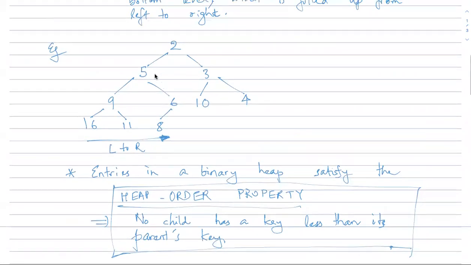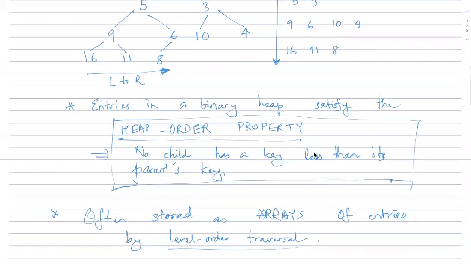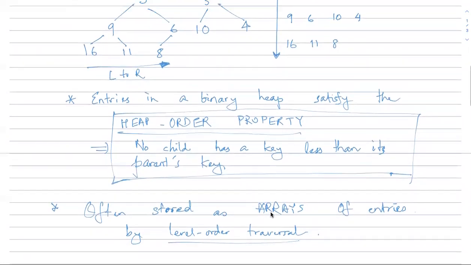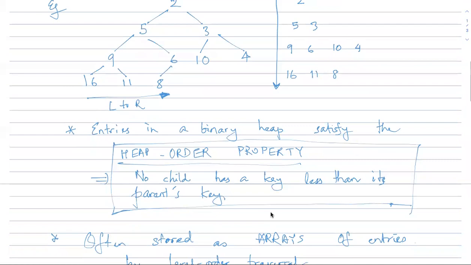So what do we mean by level order traversal? That means we are going level by level. So if you go level by level, we have 2, then 5, 3, then 9, 6, 10, 4, then 16, 11, 8. To traverse in this order is the level order traversal. So it is often stored as arrays of entries.